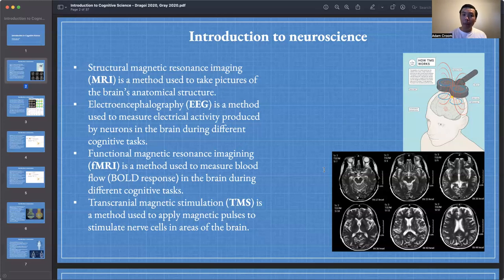And a nice thing about fMRI is that it has excellent spatial resolution, and it provides us with some really beautiful images of the brain as it's engaged in some function.